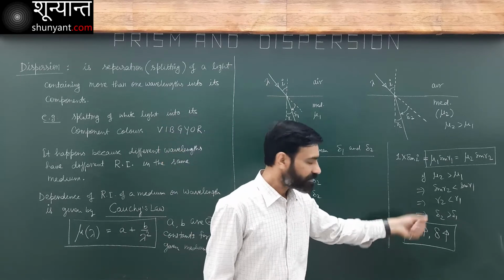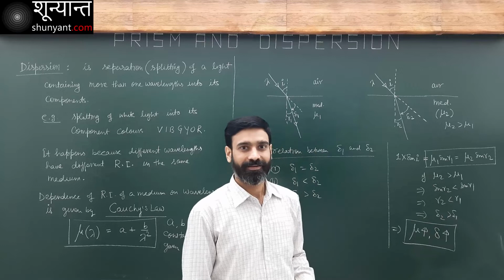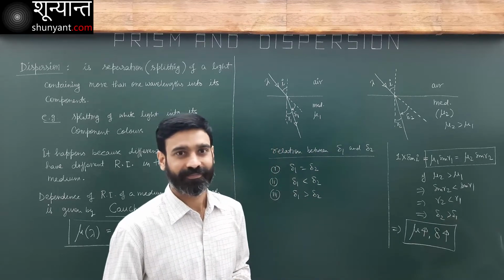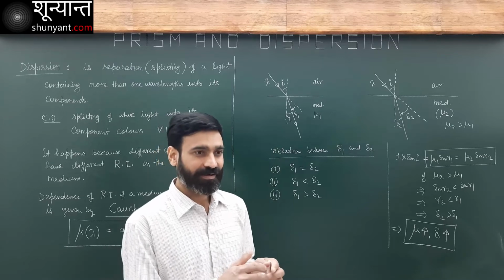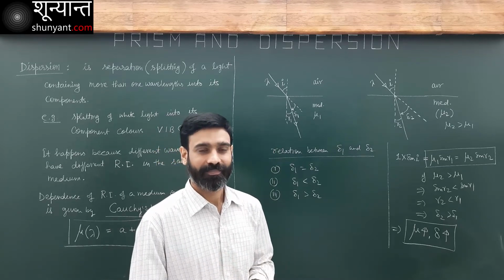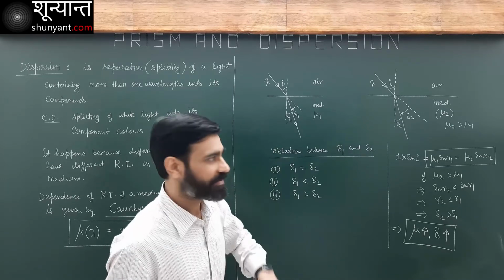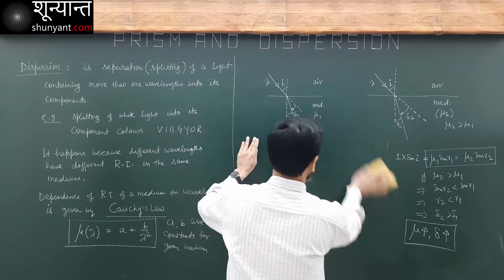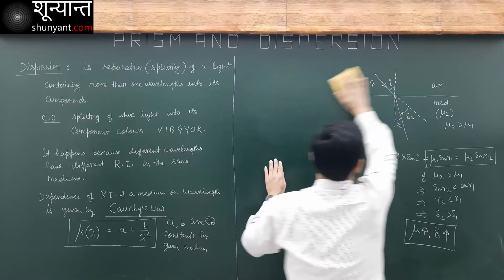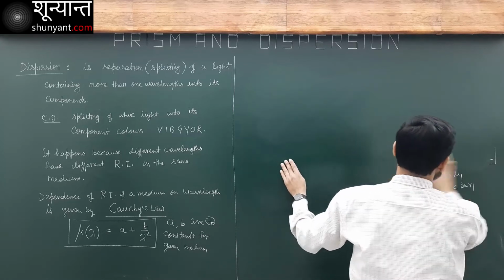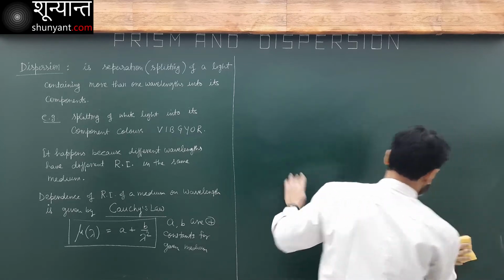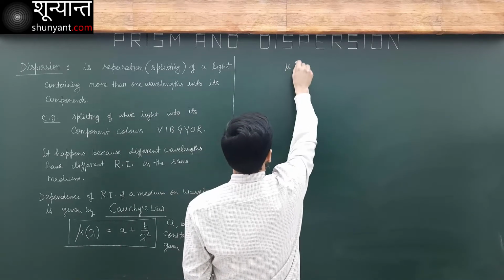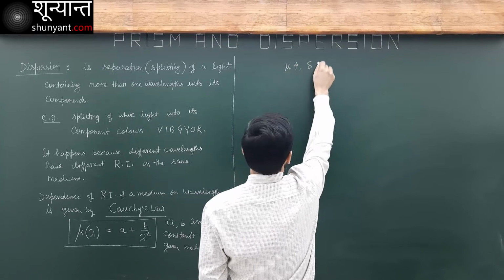So the higher the refractive index, the higher the bending. Let's note down this point separately, it is going to help us. The concept here is: mu increases, delta increases.